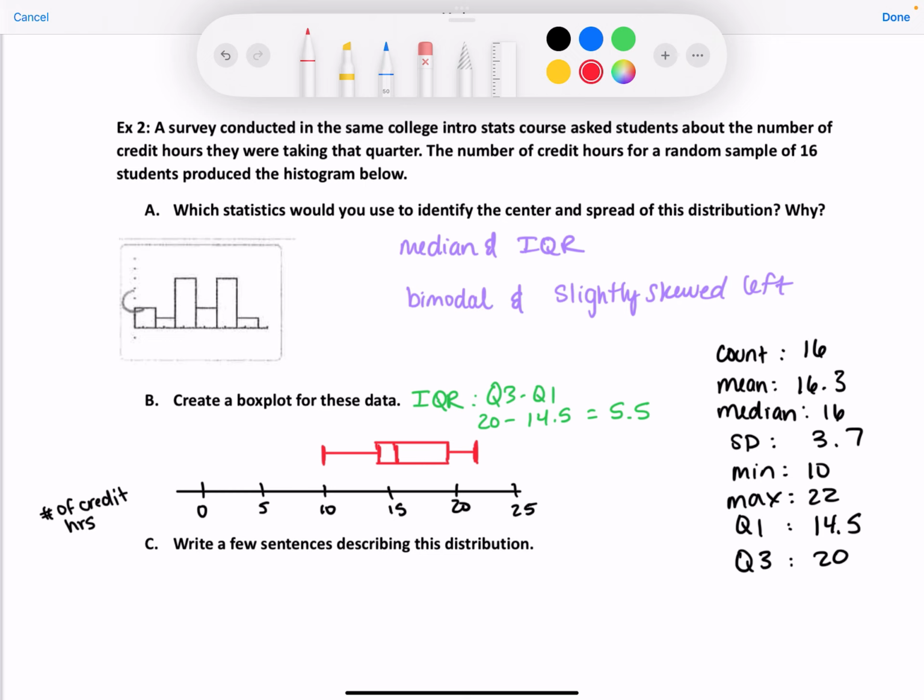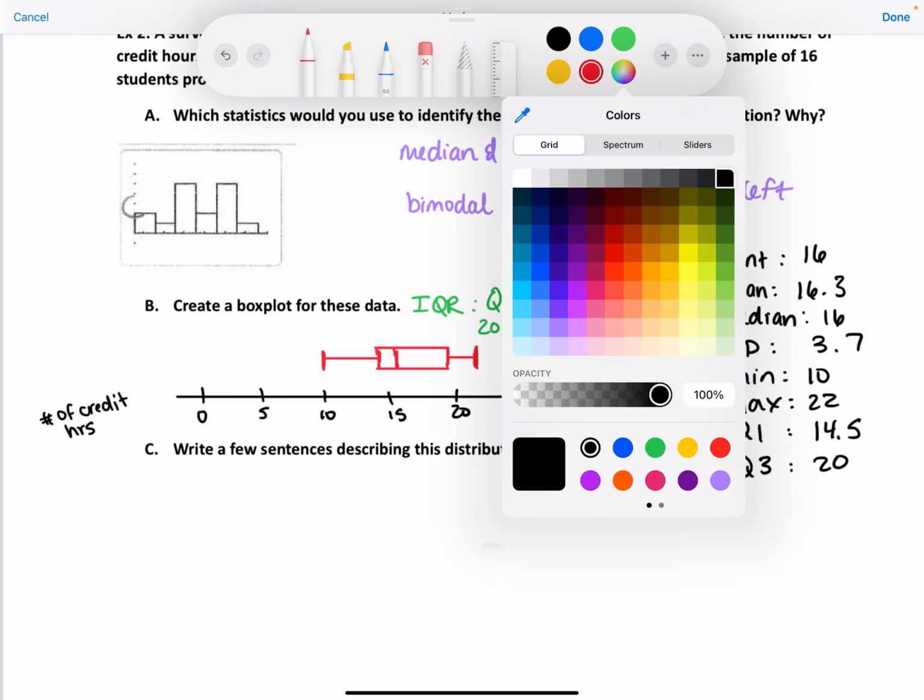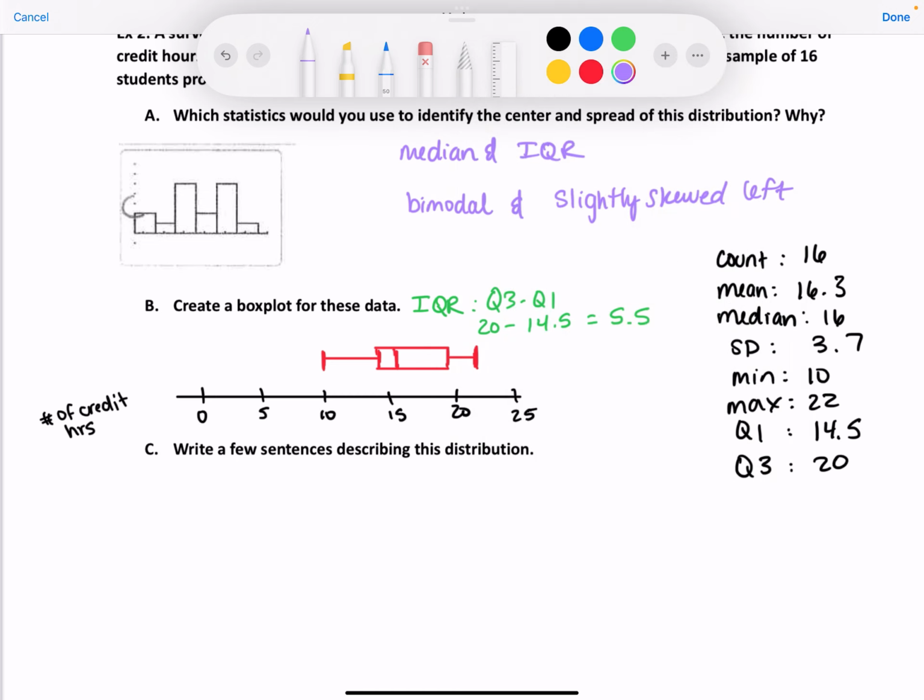All right, and then to finish up here, write a few sentences describing this distribution. So I would say something like the distribution of credit hours is skewed left. And bimodal.